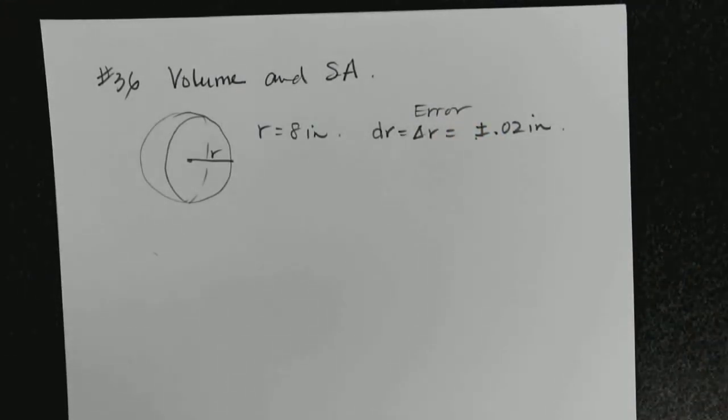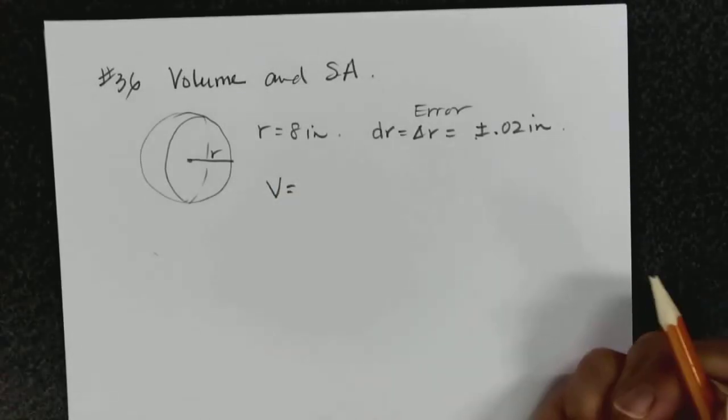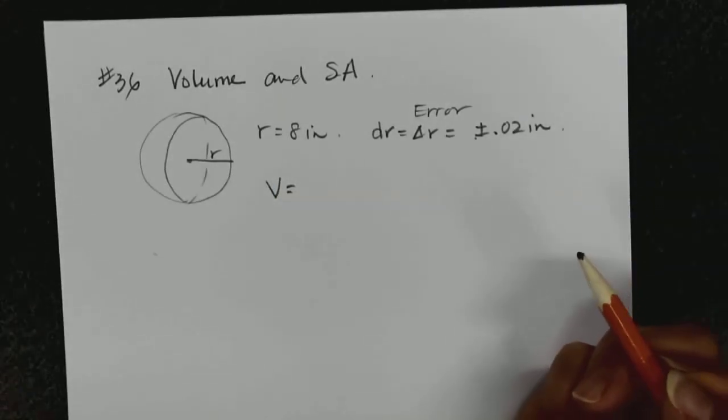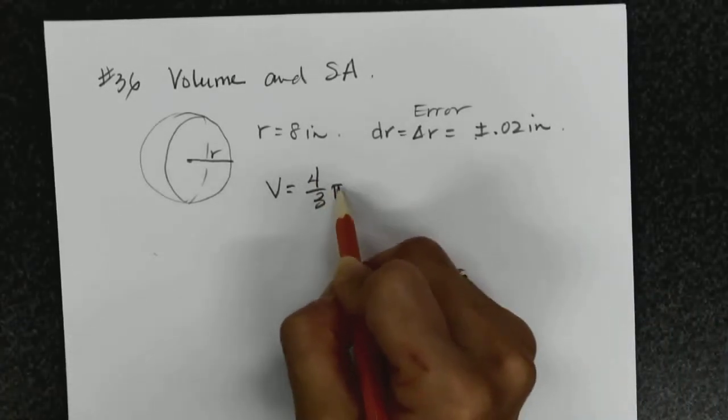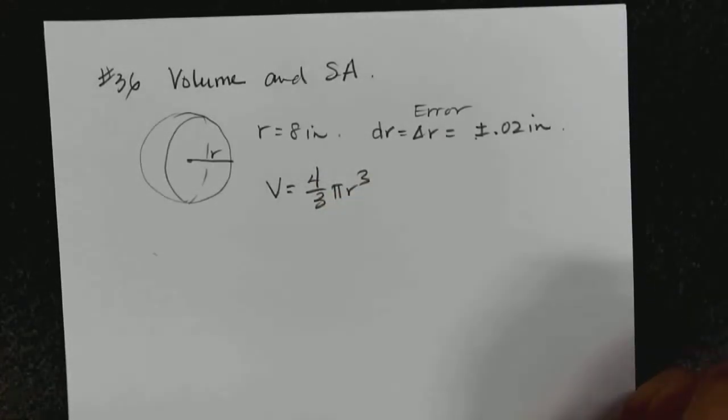Use the differential to approximate the possible propagated error in computing the volume of the sphere. So, what would be the volume of a sphere? You guys know the formula? 4/3 pi r cubed. So now we're going to look for dV, right?